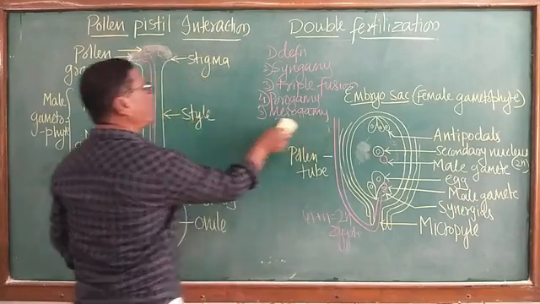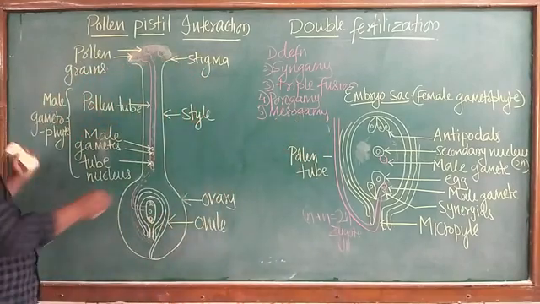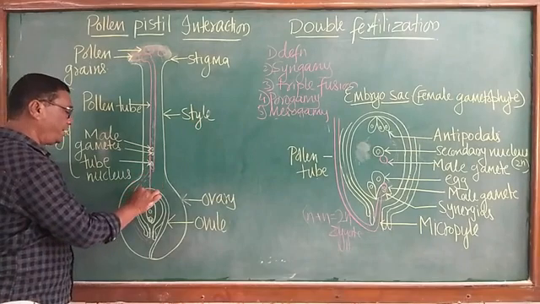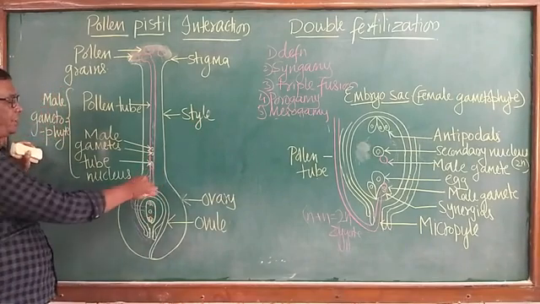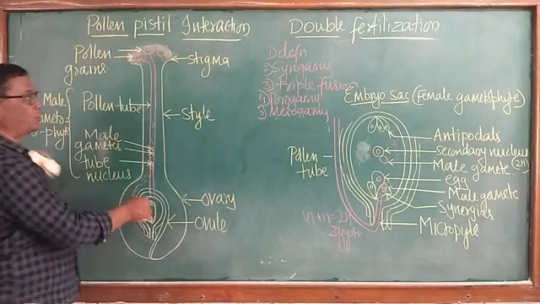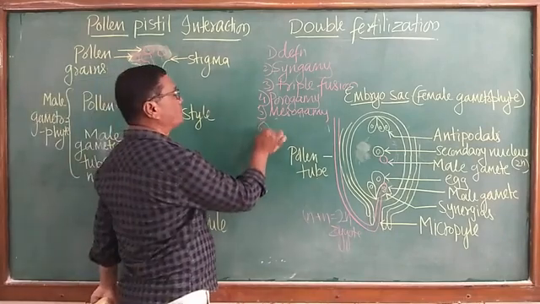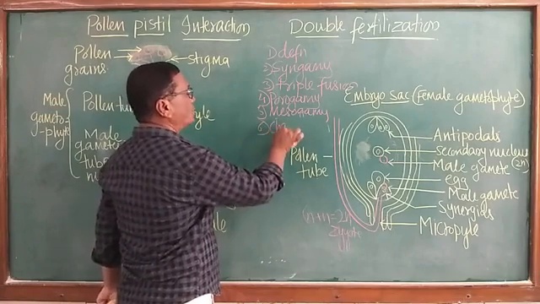Sometimes, in some plants, the pollen tube enters through the chalaza up to the embryo sac. When it enters through the chalaza, the process is known as chalazogamy.